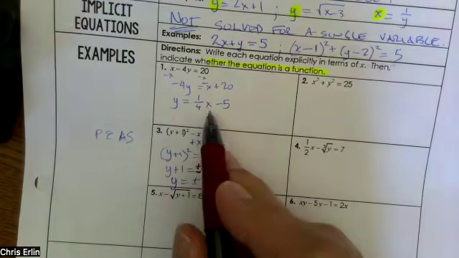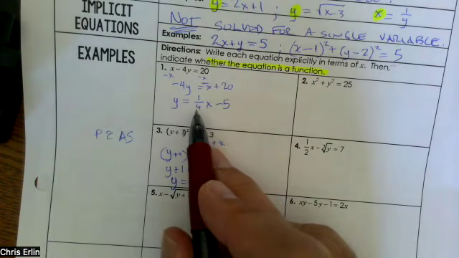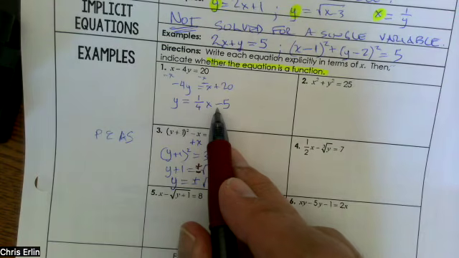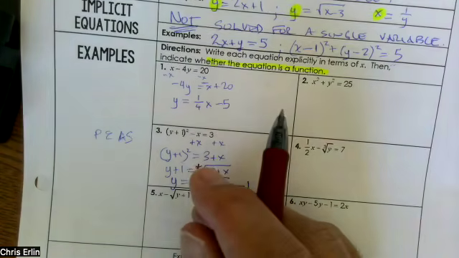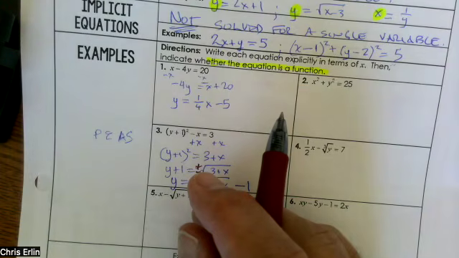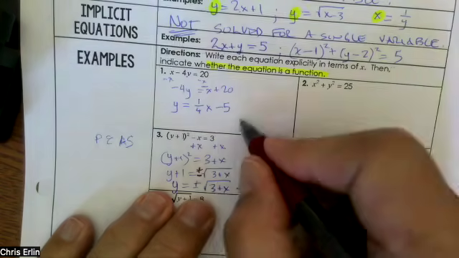If I put an X value in here, say I choose the number 4, 1/4 times 4 is 1, minus 5 is -4. Every time I put in a 4, I'm going to get back -4. Agreed? Nothing's going to change. If I keep putting 4 in there, it's going to keep giving me the same answer. So is that a function? Yeah, it's reliable.